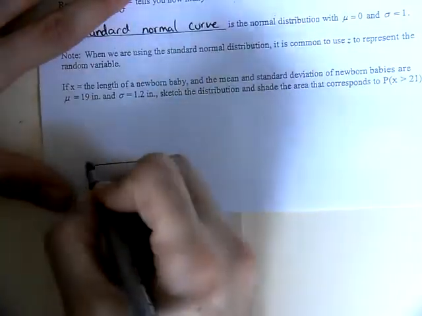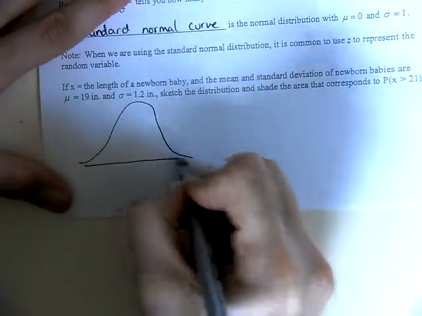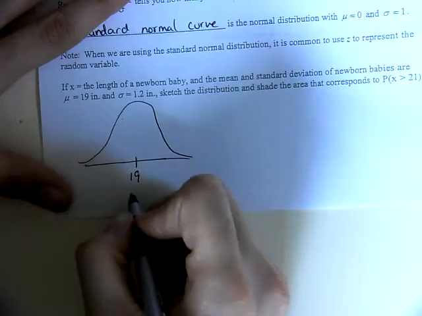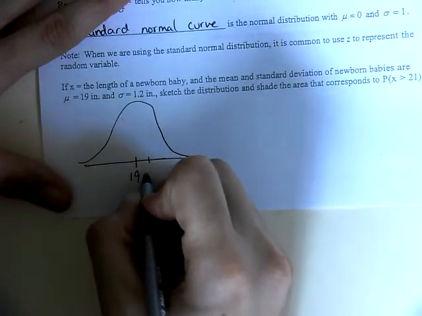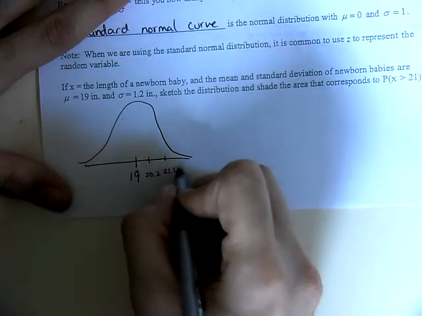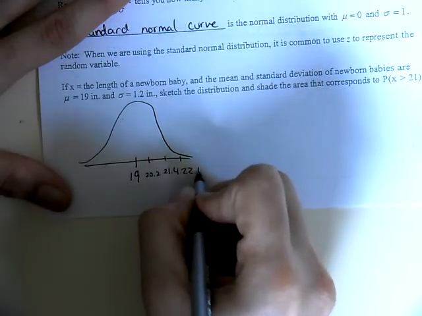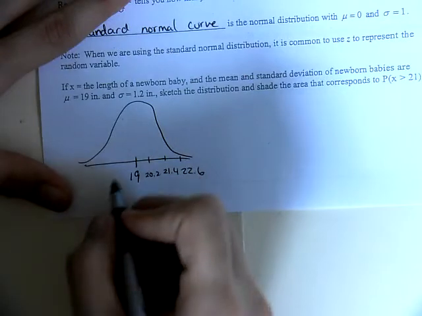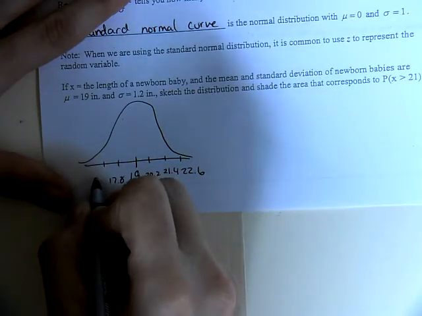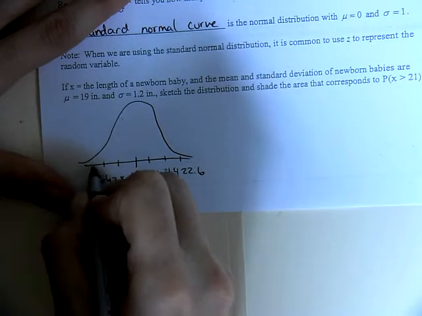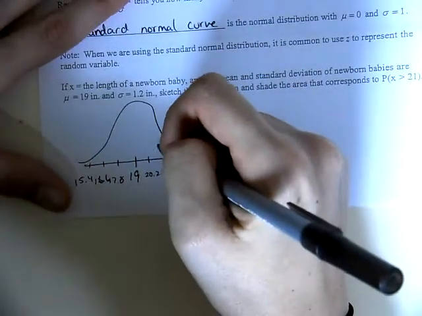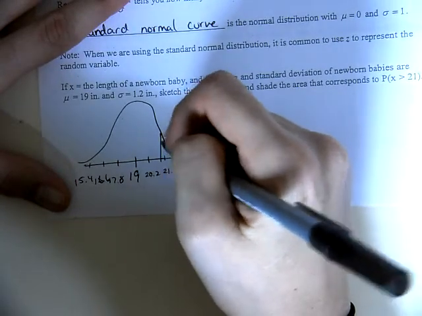So if I have my curve, that's a slightly skewed curve, but let's pretend. 19 is in the middle, and we go up 20.2, 21.4, 22.6. Normally we go up 3, we go down 3: 17.8, 16.6, 15.4. X being 21 would be right here.